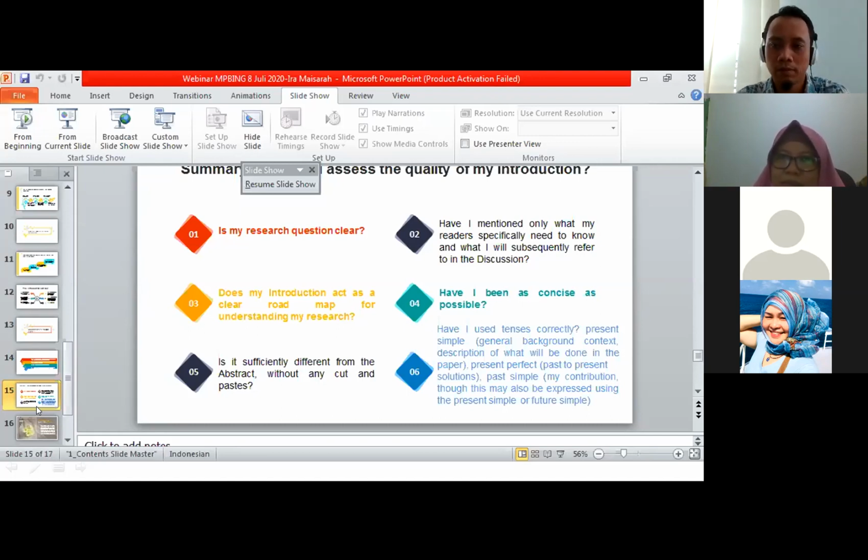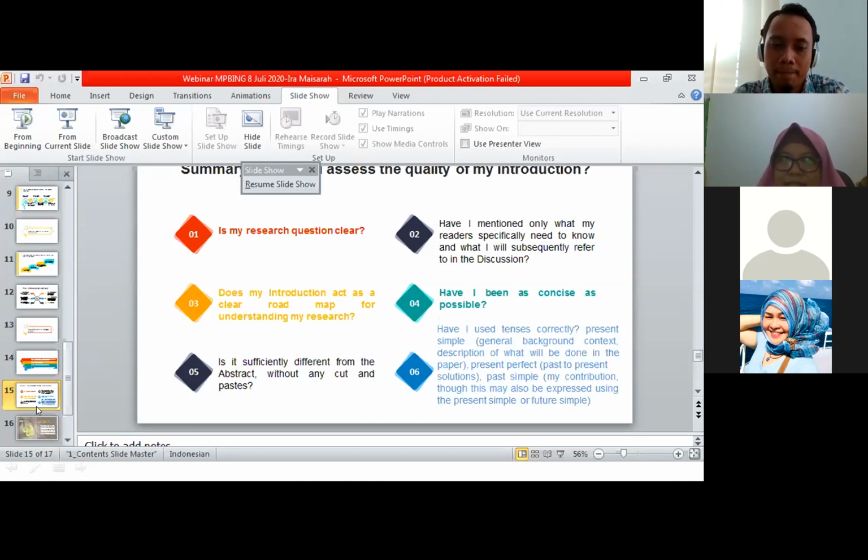So to make sure whether our introduction is very clear for the reader, we can guide ourselves. The first one is we have to make sure about the research questions, whether the research questions in chapter 1 or the introduction are very clear for the reader. For example, what we want to find out in our research, it must have good questions.